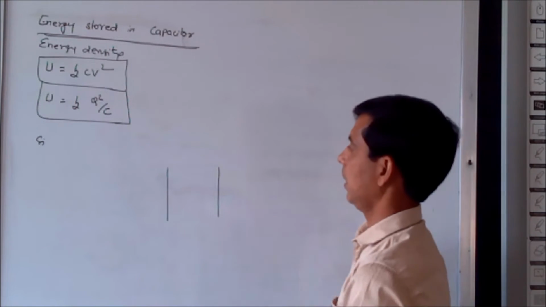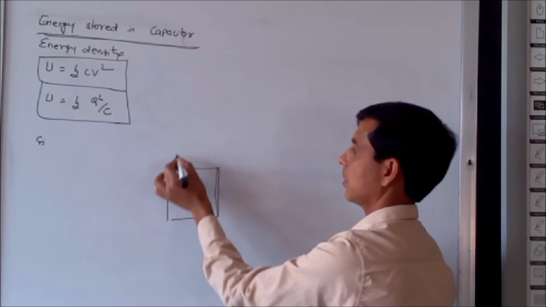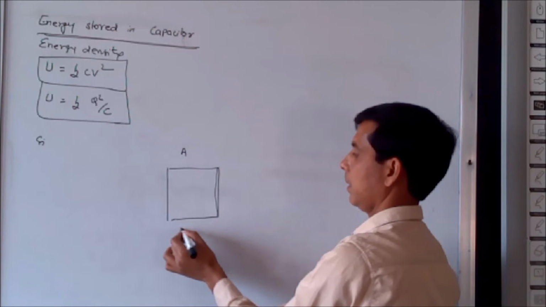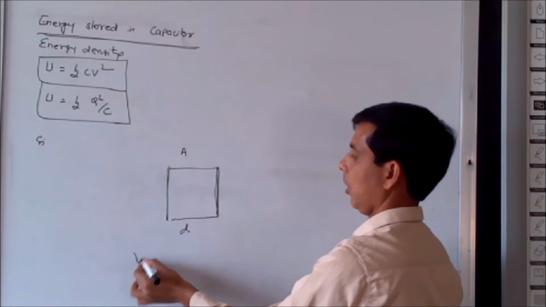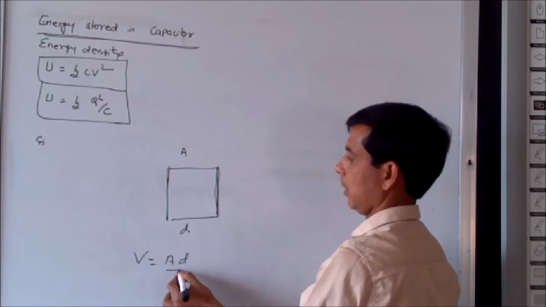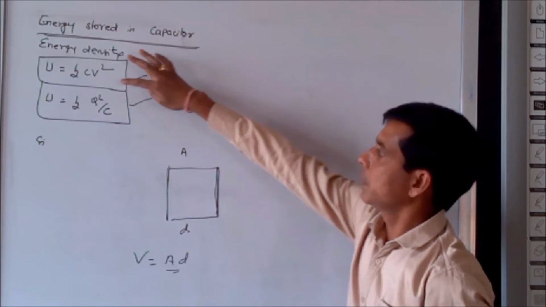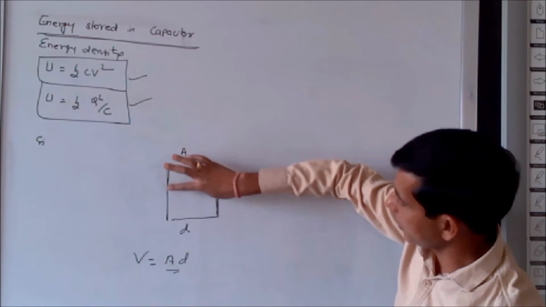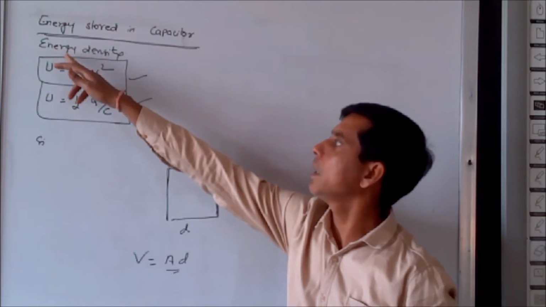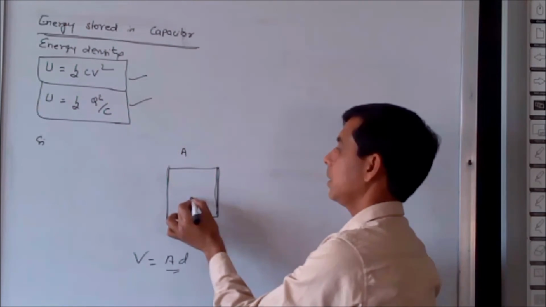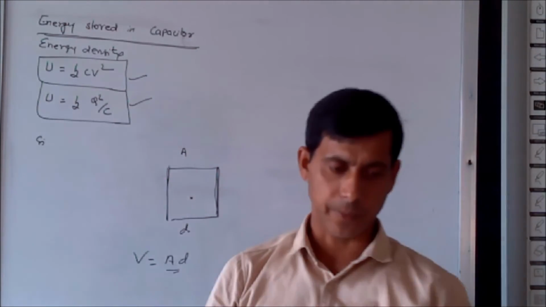Inside the capacitor, suppose its cross-sectional area is A and the distance between both plates is D. Then volume will be A into D. Now we have to find out the energy density, that means in unit volume, what will be the expression for energy.